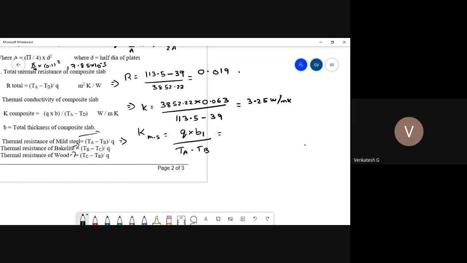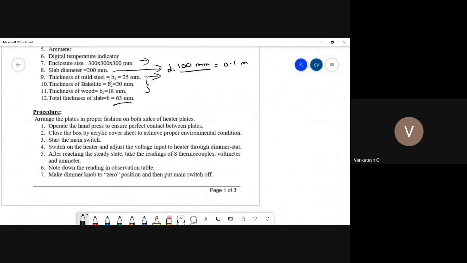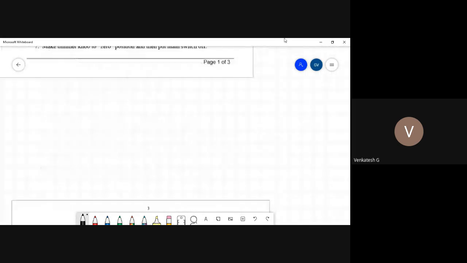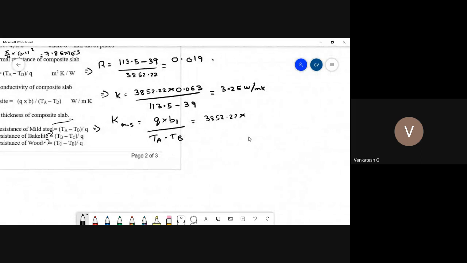The heat flux is 3852.22 into, so what is the thickness of the mild steel? Here you can see in the specifications, the thickness of the mild steel is 25 mm. Convert that into meters, so it will be around 0.025, by TA minus TB. TA temperature is 113.5 minus TB is 110. If you calculate this, the thermal conductivity will be around 27.5 watt per meter Kelvin.